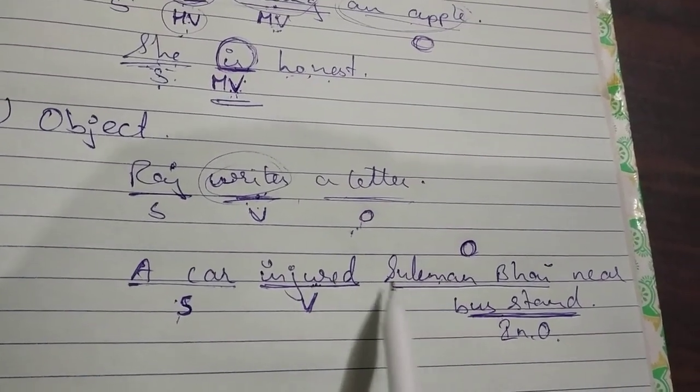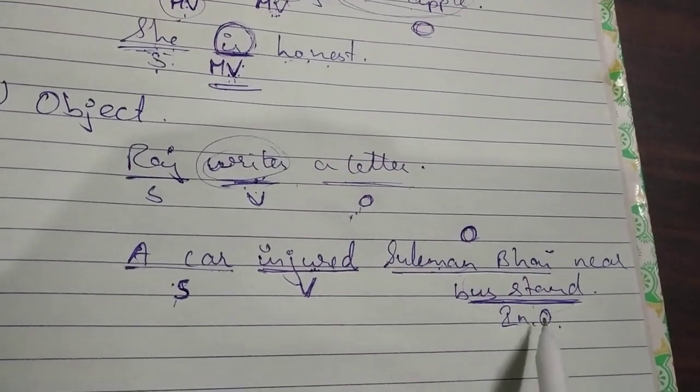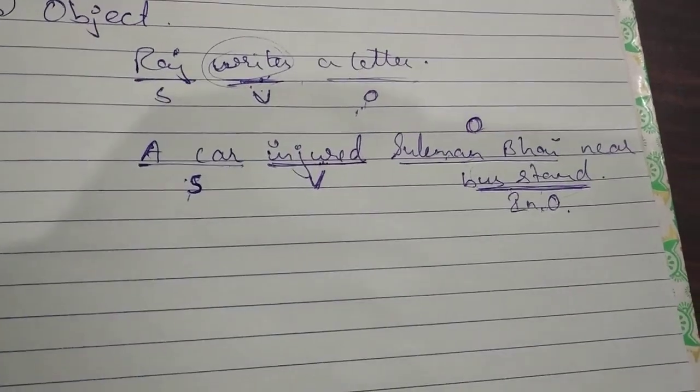So on which the direct effect is there, that becomes direct object, and on which indirect effect is there, that becomes indirect object. Clear? Okay.